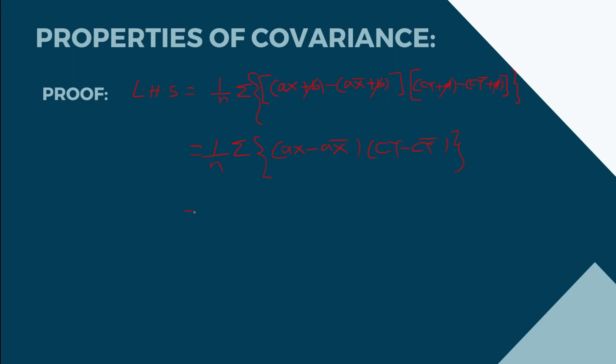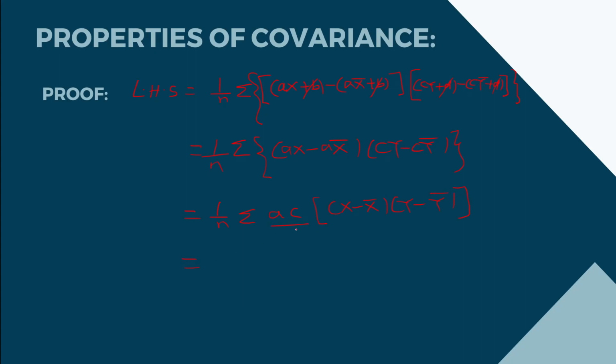Now take the constants a and c from the two brackets and take them outside. 1 upon n summation ac into bracket x minus x bar, y minus y bar.